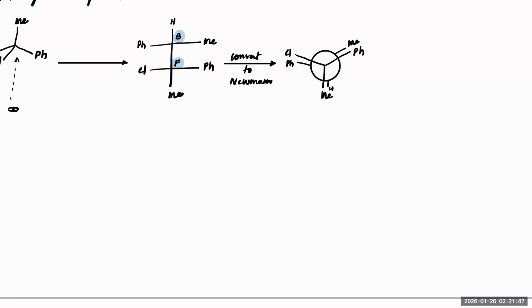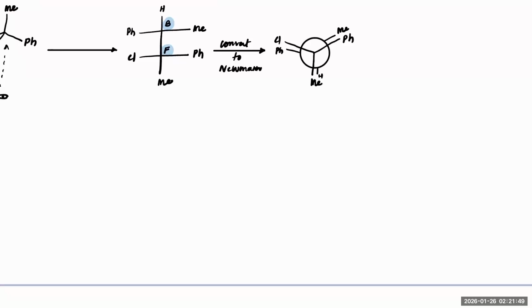Once you get the Newman projection, what you can do, you keep whichever direction. I mean, you can fix the chlorine and rotate the back carbon in such a way that hydrogen comes in the opposite direction. See, like this. Keep it like this.